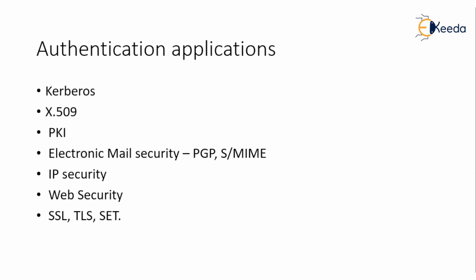Then comes electronic mail security, which includes PGP and S/MIME, which are different email handling protocols. Then IP security, that is Internet Protocol Security, Web Security, and SSL, TLS, and SET. These are different protocols implemented at different layers of the OSI model to handle security for authentication.